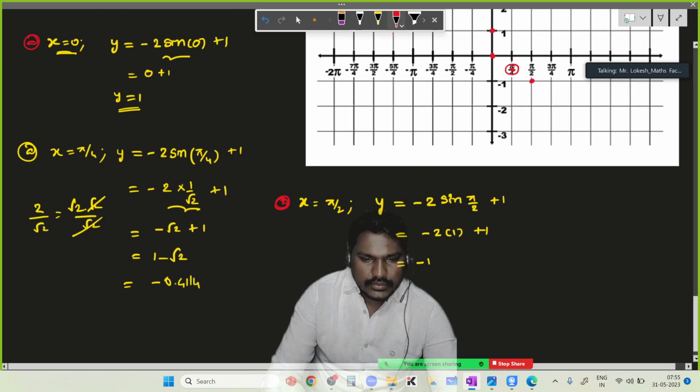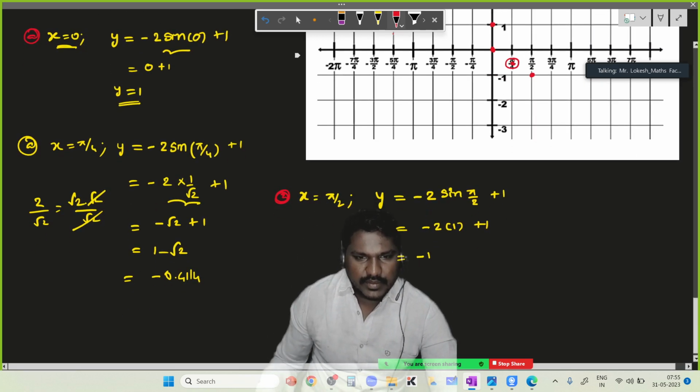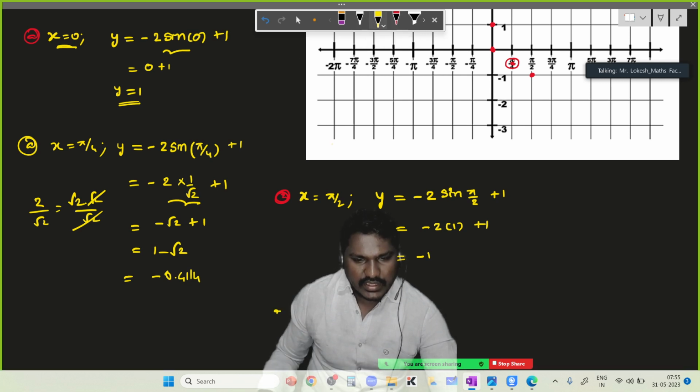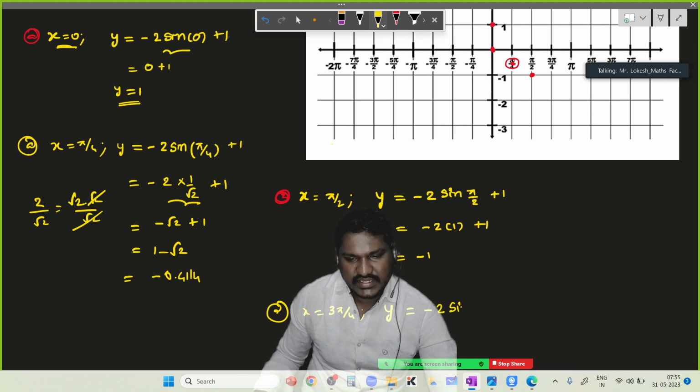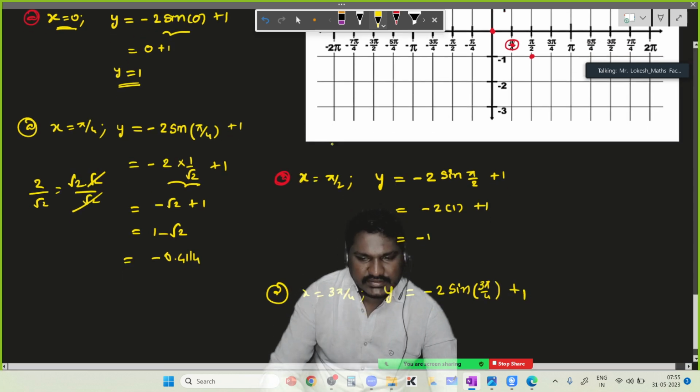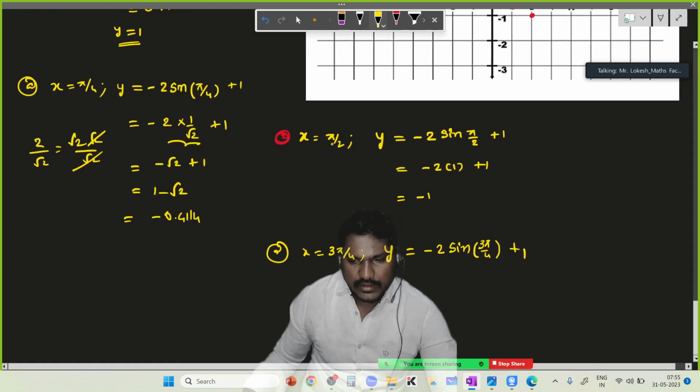Now, let me solve for x is equal to 3 pi by 4. So y will be minus 2 sine times 3 pi by 4 plus 1, and sine 3 pi by 4 is nothing but sine 135 degrees, because pi by 4 is 45.